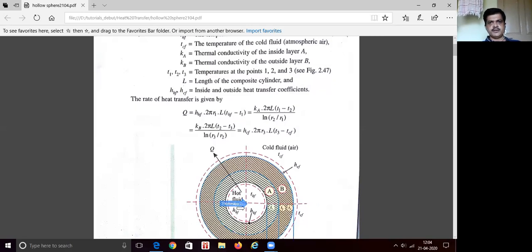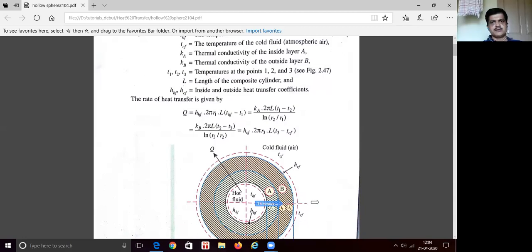From the hot fluid to A, the heat flow is through convection. Through A, it is a solid material, that is conduction. Again through B, it is conduction, and again from B to the atmosphere, it is convection.